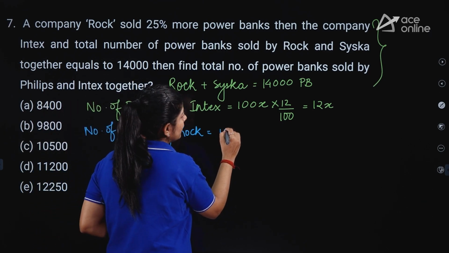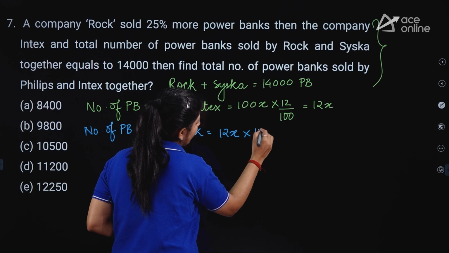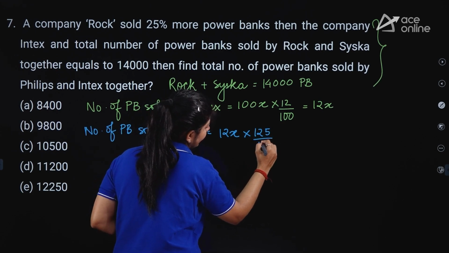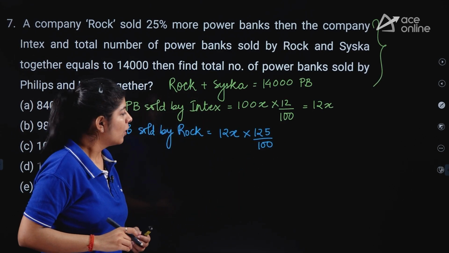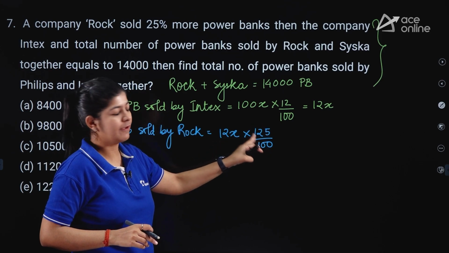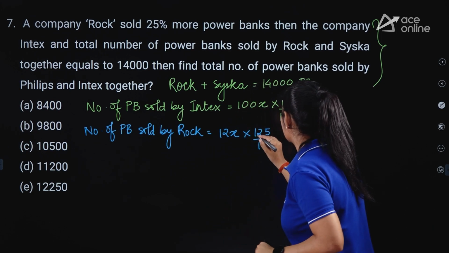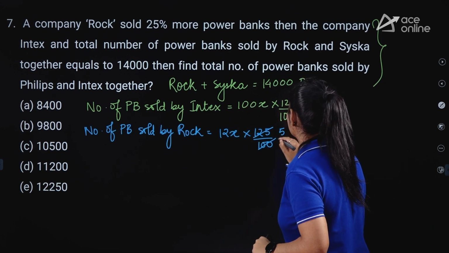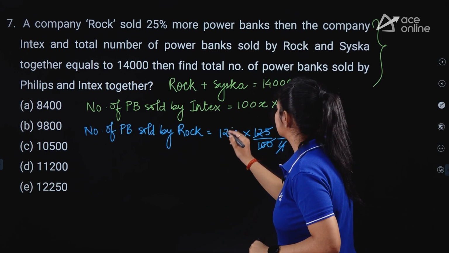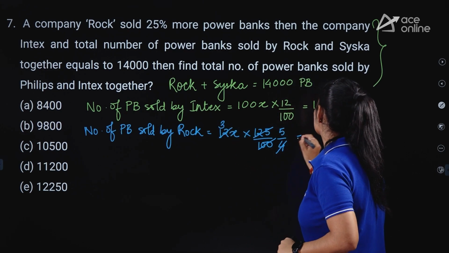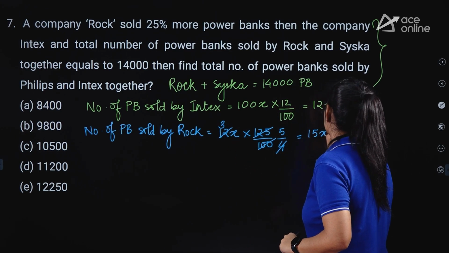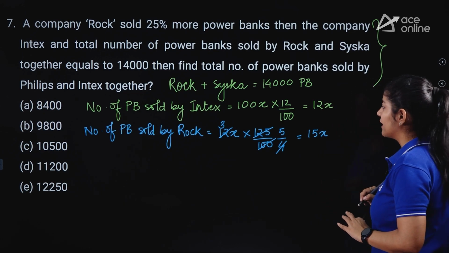That means 12x into 125 by 100, right? Or you can simply find the 25% of this one and add the value to 12x. So here we know that this is nothing but 5 by 4, and here we are getting 3. So basically the value is 15x.